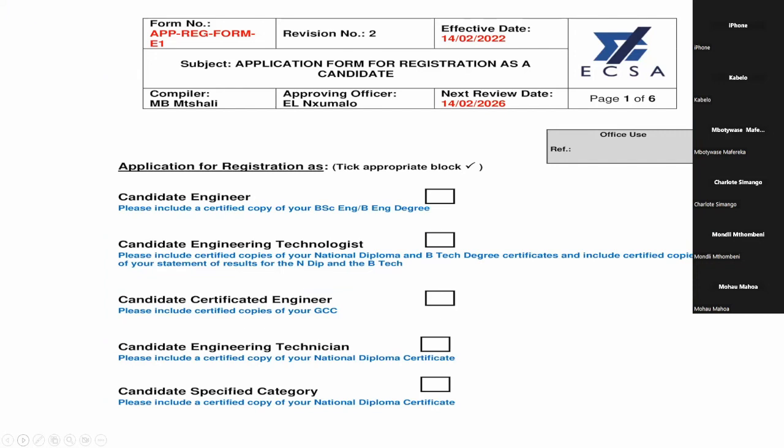You choose your application for registration as, and you tick candidate engineer, or candidate technologist, or candidate certificated engineer, candidate engineering technician, or candidate specified category. On this talk, we are only interested in the engineer, technologist, and technician.